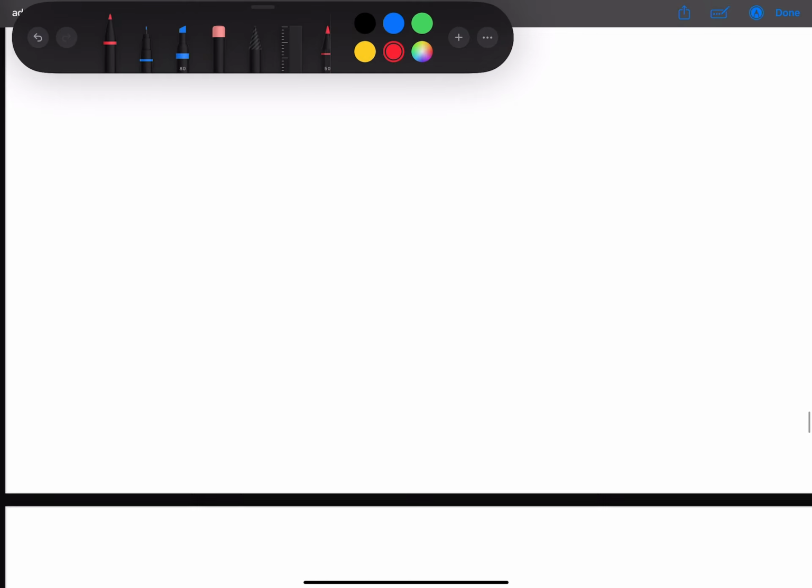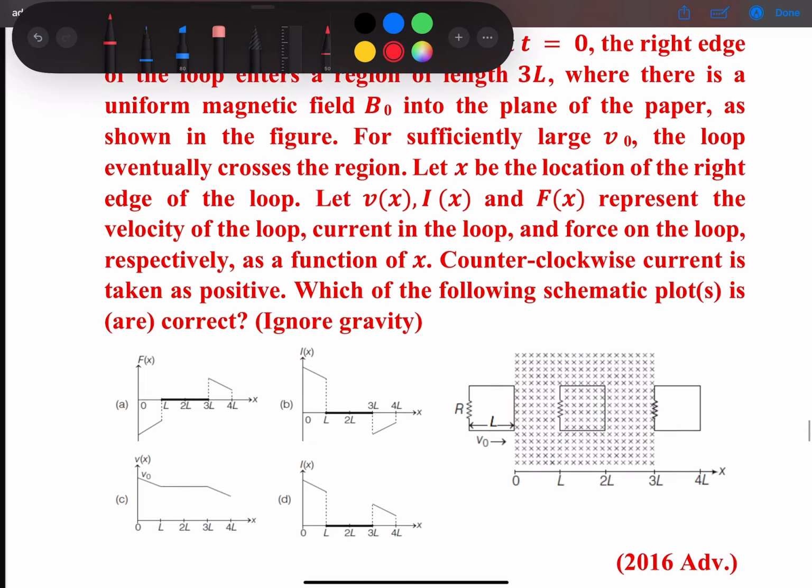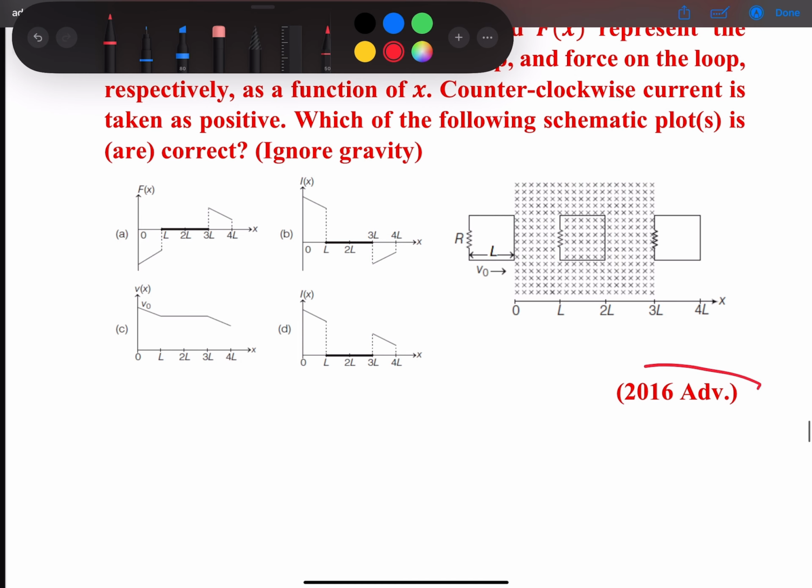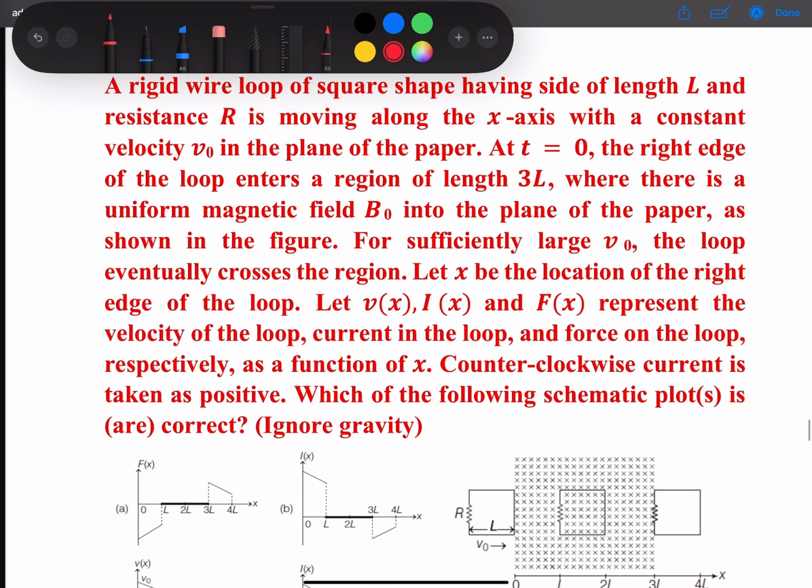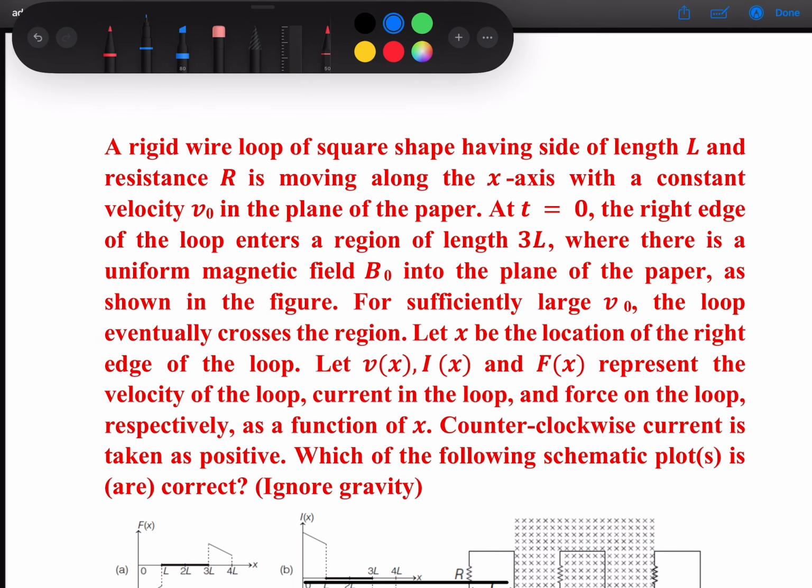We come to the next question, which was asked in the year 2016 in advanced, and it states that a rigid wire loop of square shape having side length L and resistor R is moving along the x-axis with a constant velocity v0 in the plane of the paper.